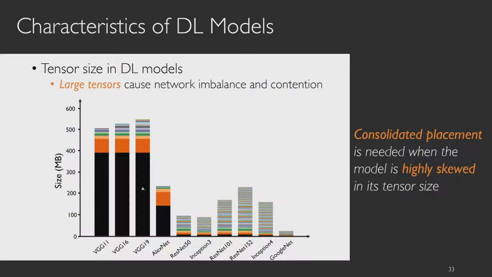What it is saying is that we can observe for the well-known training models, VGG or AlexNet or ResNet, that the number of tensors or parameters that they exchange between the GPU workers is very different. The VGG net has a large number of parameters, and the parameter size is larger for workers to exchange.